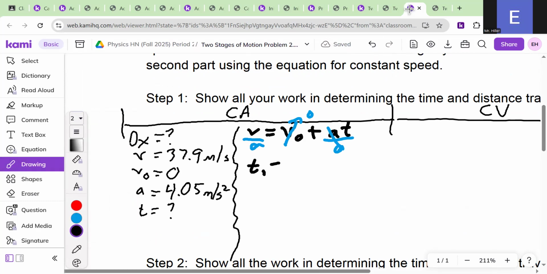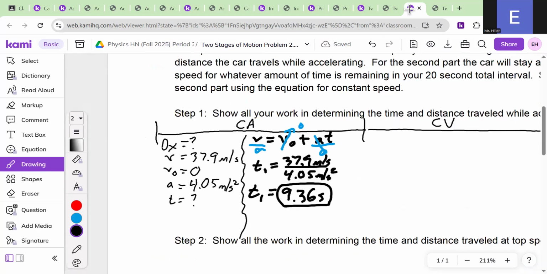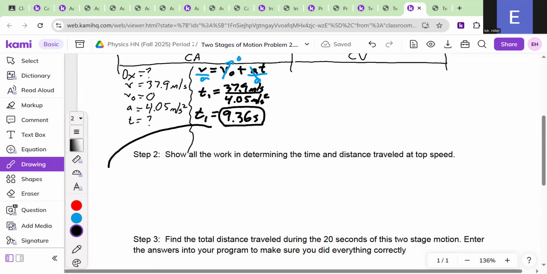So the time for part 1 is going to be my velocity, 37.9 meters per second, over my acceleration, 4.05 meters per second squared. Okay, let's figure this out. 37.9 divided by 4.05. I'm getting time 1 of about 9.36 seconds.